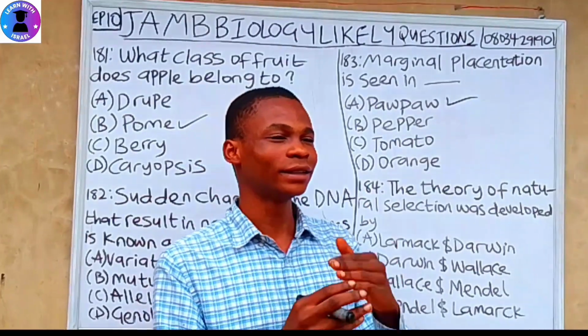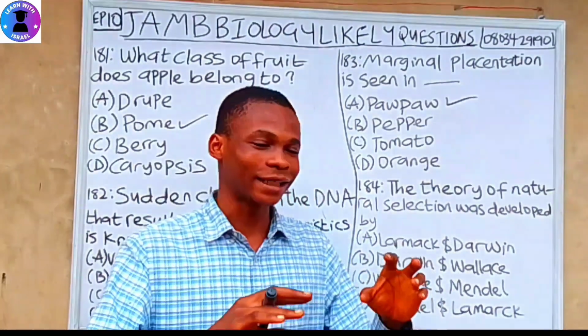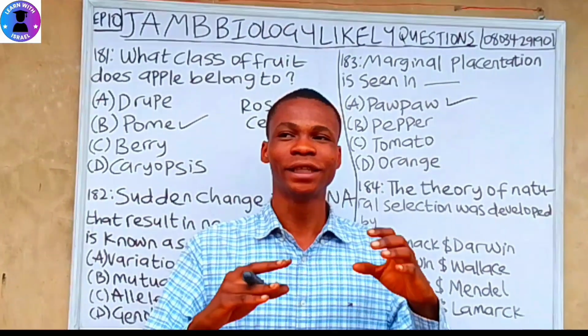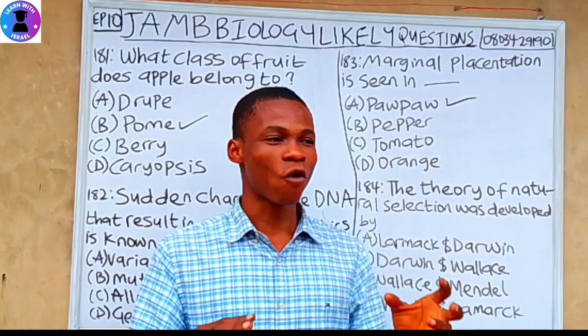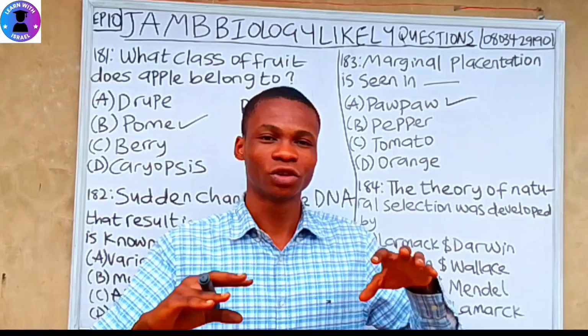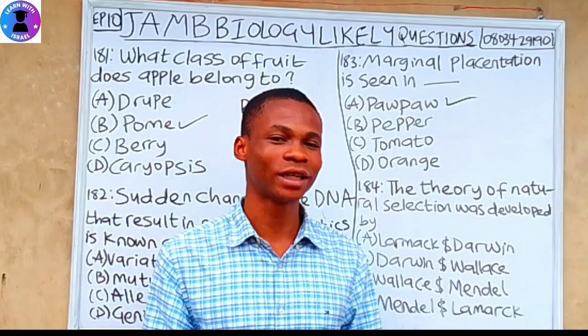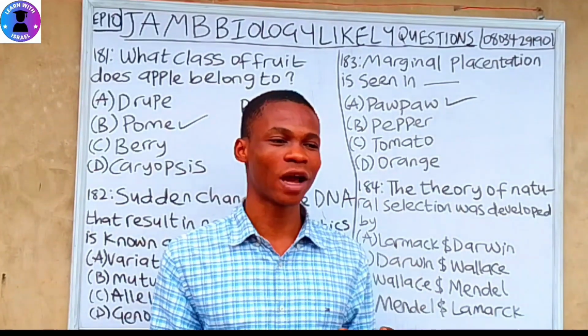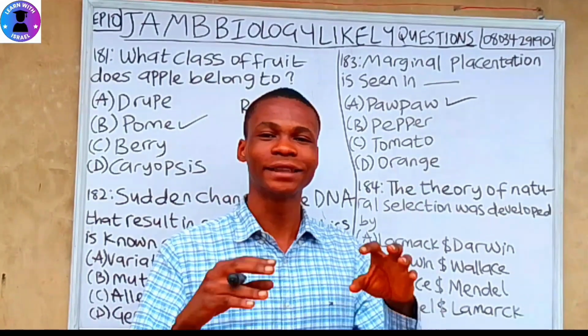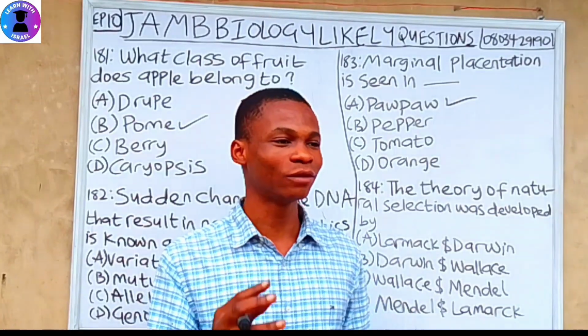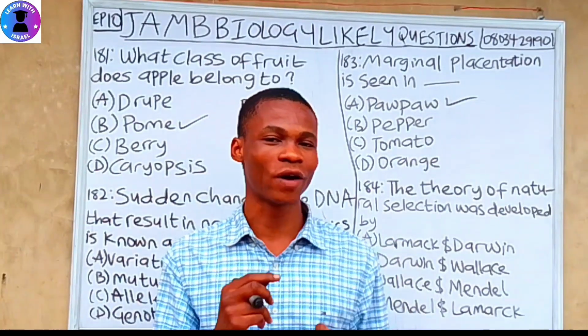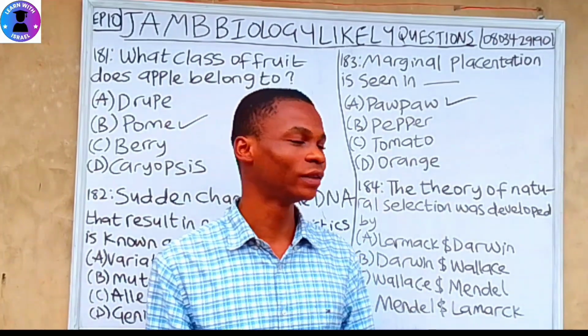Darwin talks about natural selection, and the aspect he talks about is the struggle for survival of the fittest. The animal needs to struggle to survive, and the fittest survives.